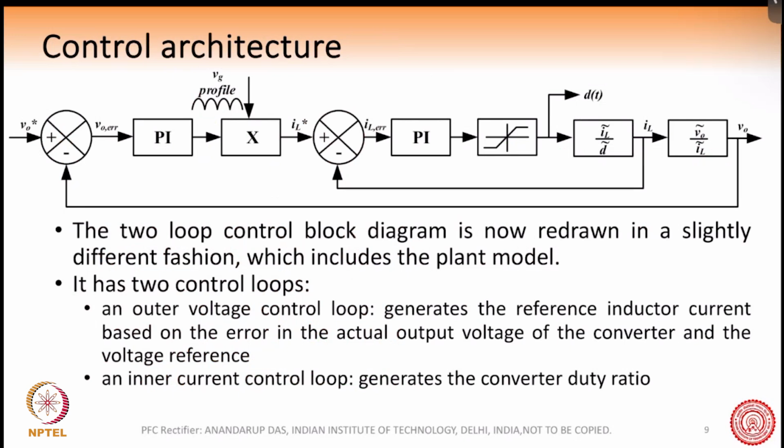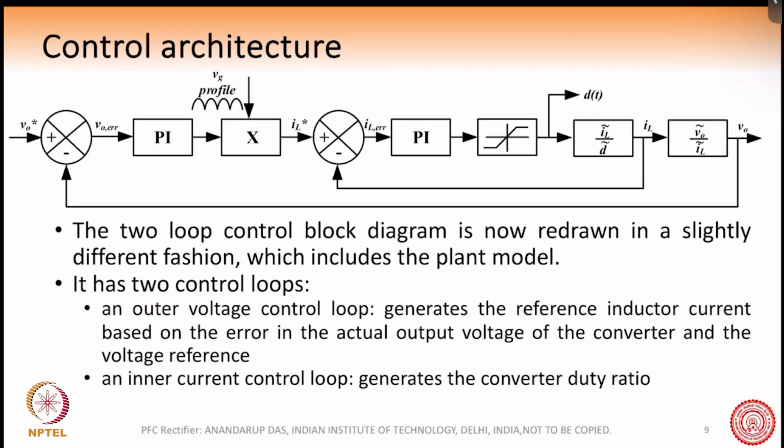So now we can actually draw this whole thing in a slightly different fashion, which is more traditional, which we know. Here you can see I have redrawn the whole diagram, but in a slightly different fashion, the same thing which we have just explained.